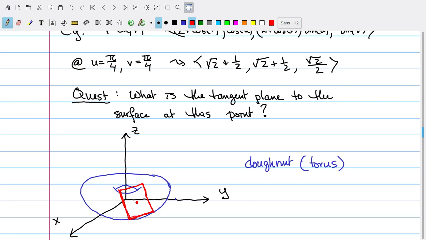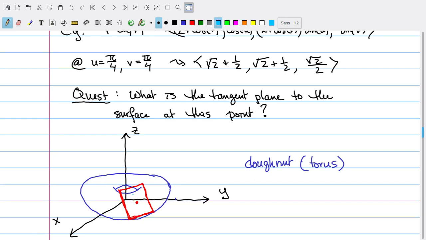Now, the nice thing that I can do about this is I could think about making a couple different curves on my surface which pass through this particular point. And the first curve I want to make by fixing my value of u and letting v vary. So I'm going to let u be fixed at pi over 4 and just let v change as we move around.